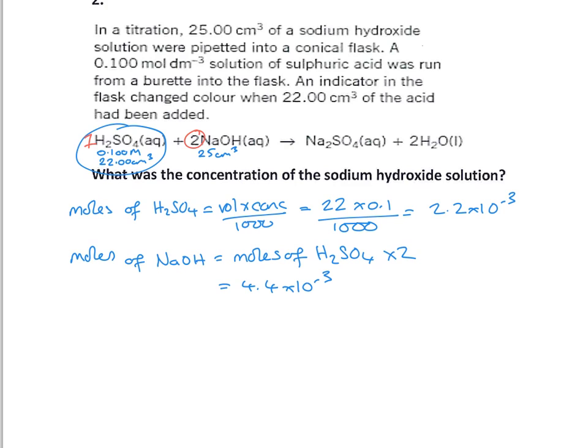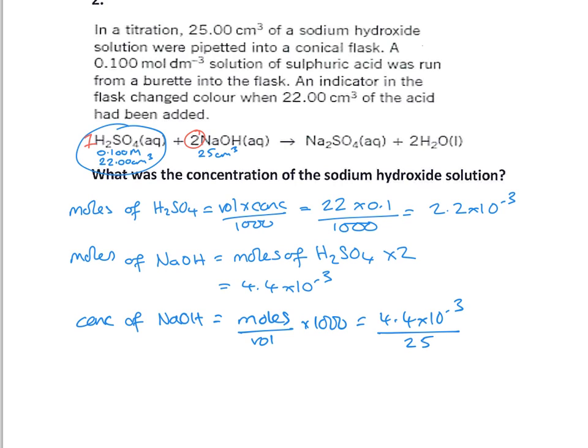Now I've got the moles, I can work out the concentration. So the moles were 4.4 times 10 to the minus 3. The volume is in the question as 25, which gives me a concentration of 0.176 moles per decimetre cubed.